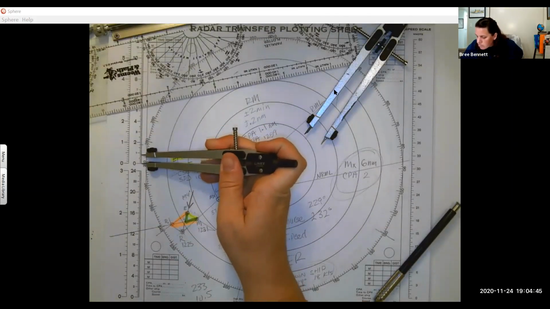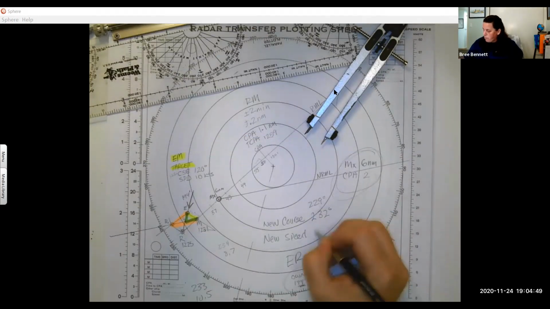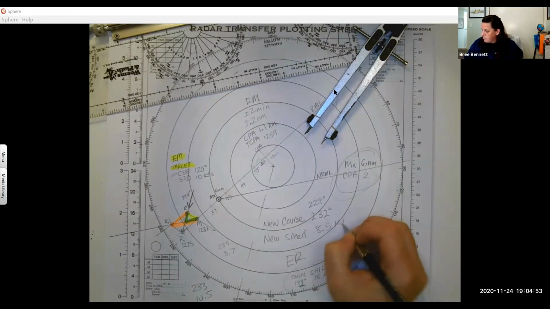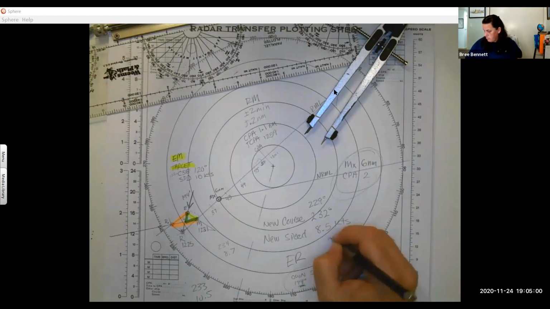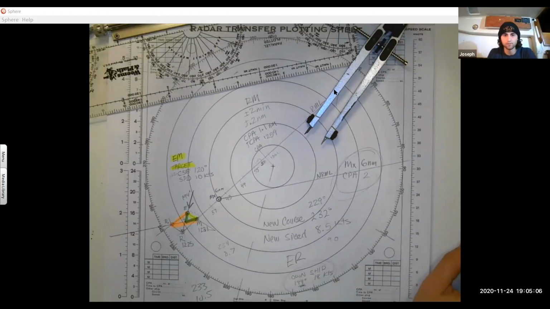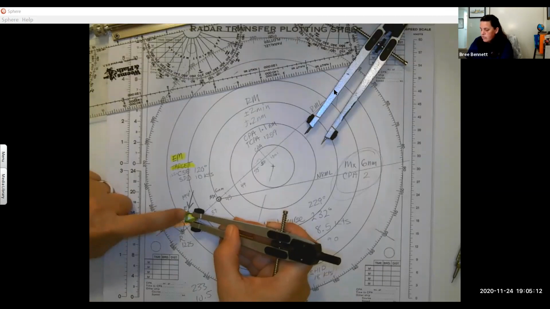I got about 8 or 8.5. Wait, I'm sorry, how'd you get 8.5? I measured this distance, so I'm measuring this vector here.